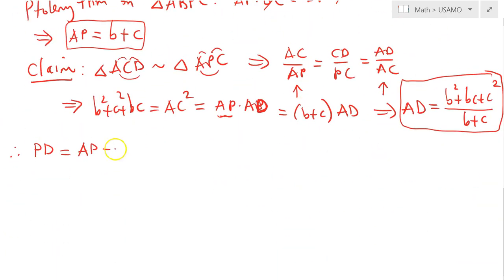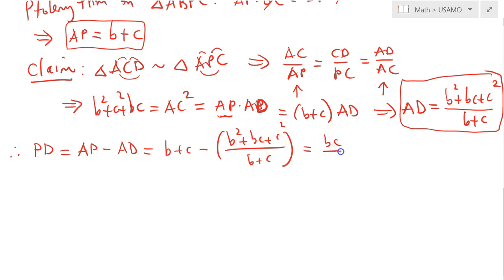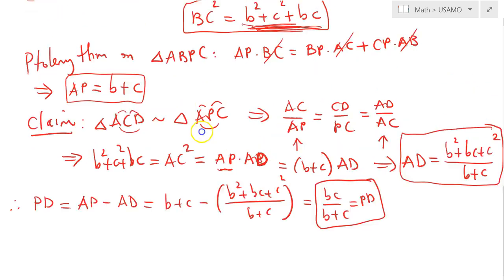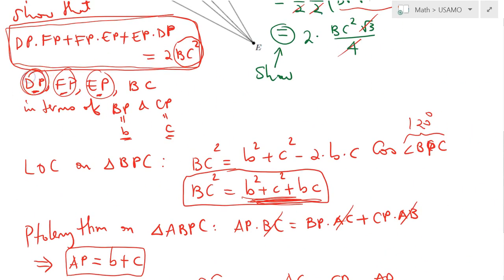Earlier we got AP as B plus C, minus AD, which we got recently as B squared plus BC plus C squared over B plus C. If you find the common denominator here, we would get B squared plus 2BC plus C squared, and then when we subtract B squared and C squared, they will cancel out. So what we have on the numerator is finally BC, and in the denominator we have B plus C, and this is simply equal to PD. So we got the first result here, the first of these expressions, perfect. I still need to find FP and EP.